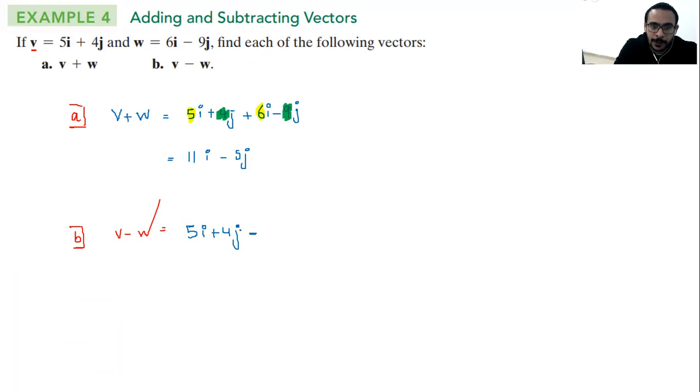And then minus the other one, 6I minus 9J. 5I minus 6I, 5 minus 6 is minus 1, so it's minus I. And 4J plus 9, 4J with negative 9 is going to be positive, so it's 13J. Yes, it's a very hard question.